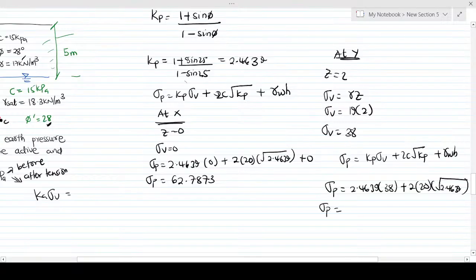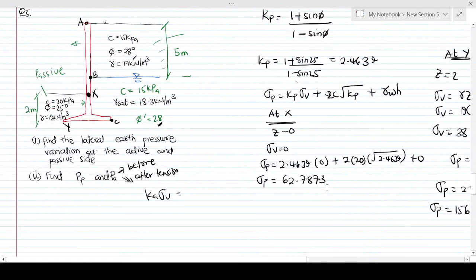So this will be equal to 2.4639 by 38 plus 2 by 20 multiplying square root of 2.4639. Okay, we are going to get 156.415 millimeters.